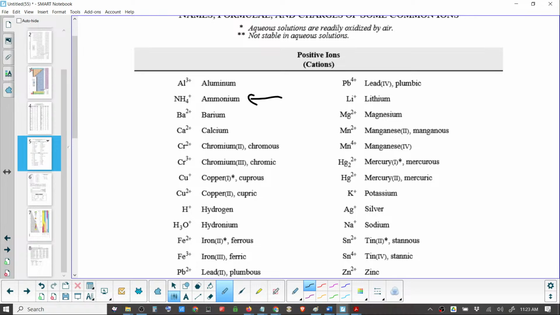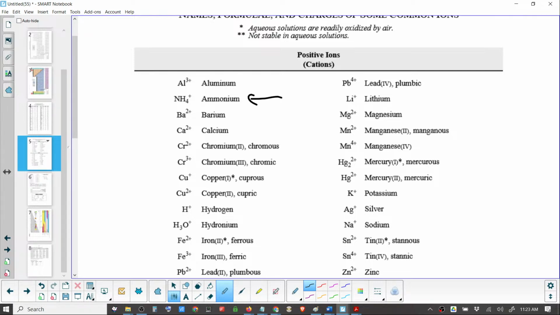Everything else on here that's positive looks like a selection of random ones, like copper 2 with Roman numerals. Why do you have to have that written down? We don't have that for other ones. The reason is that some of those actually have older names.